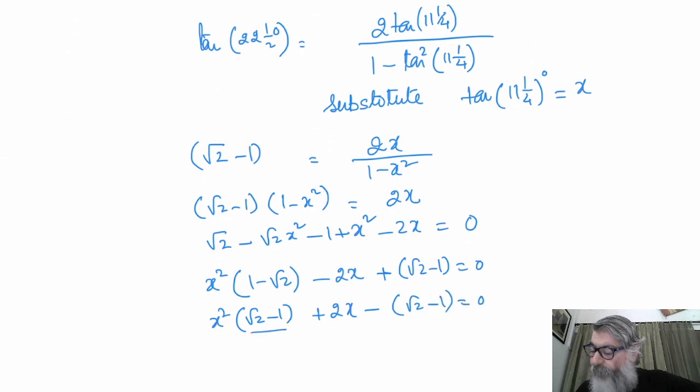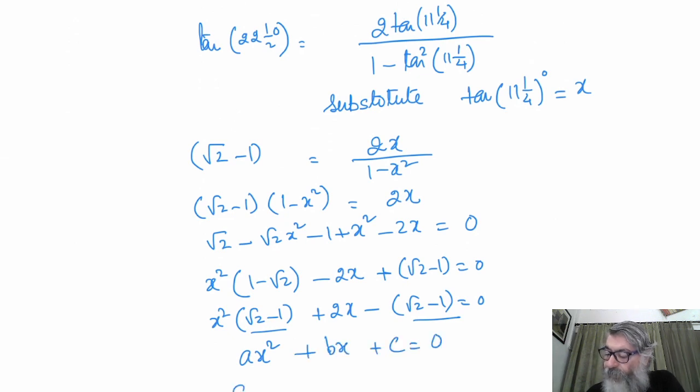What has happened is these two will become the same. Now it is a quadratic equation in terms of x, of the form ax square plus bx plus c is equal to 0. What is a? A is root 2 minus 1. What is b? 2. What is c? Minus (root 2 minus 1).